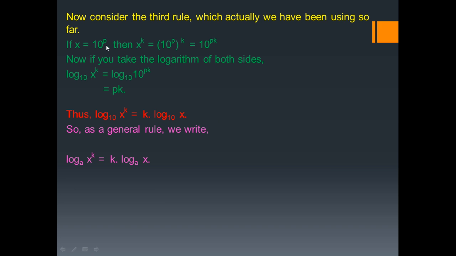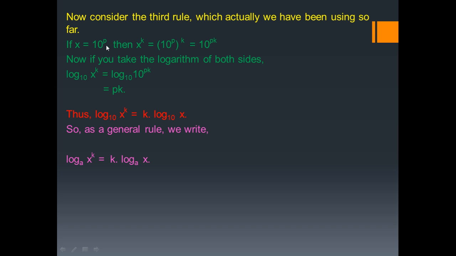So if I have some function like this, x equals 10 to the power p, I need only one substitution and one variable to explain this. So if x is equal to 10 to the power p, and if I take x times x times x up to k terms, that will be equal to x to the power k, and the right side will be 10 to the power p times 10 to the power p times 10 to the power p, k terms, and that will be 10 to the power p, to the power k.